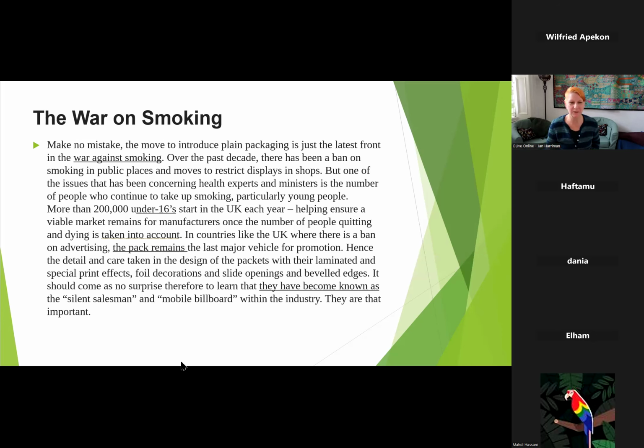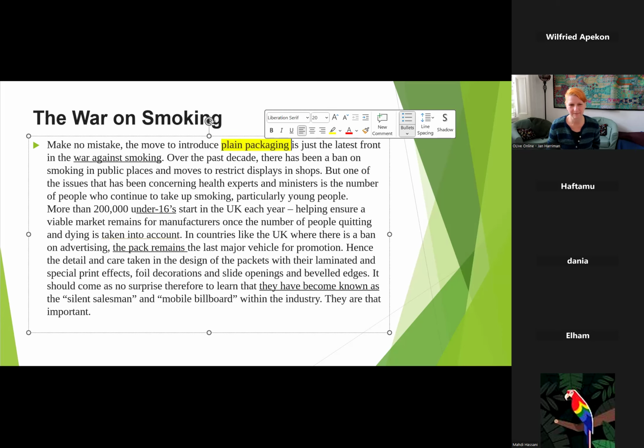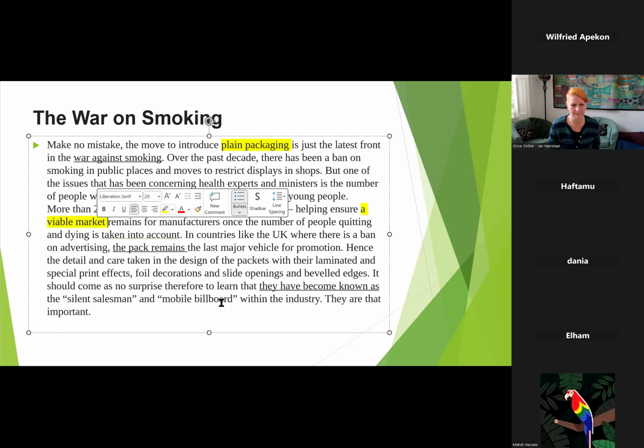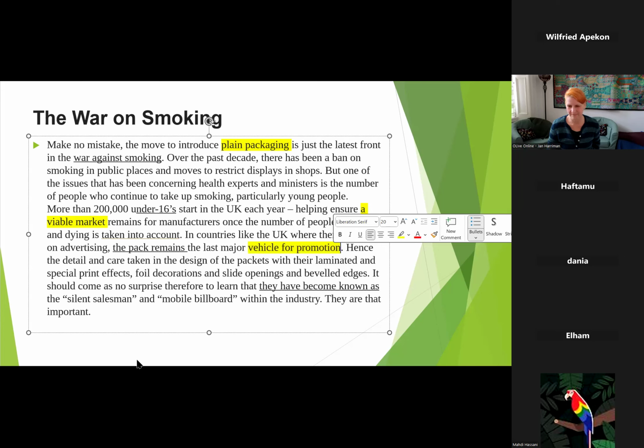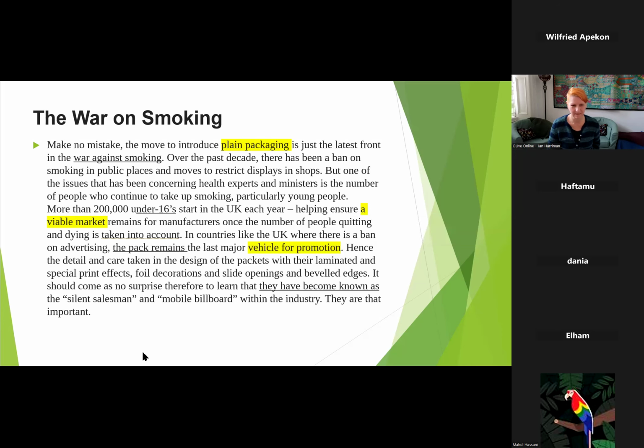Right. I've underlined some guide words. Where are the words that we need? Last one.